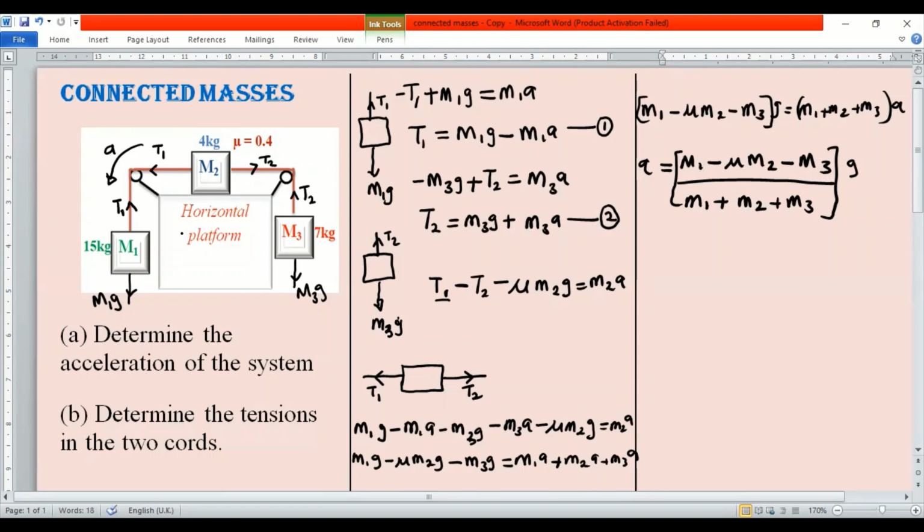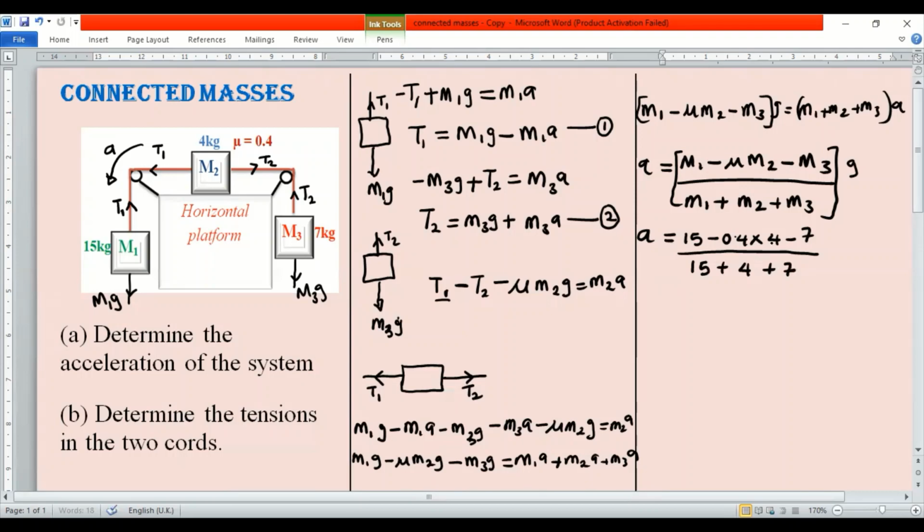If we now put the values in to get the magnitude of the acceleration, in place of your M1, you have 15 minus 0.4 multiplied by 4 minus 7. Then here you have 15 plus M2, which is 4, plus M3, which is 7.